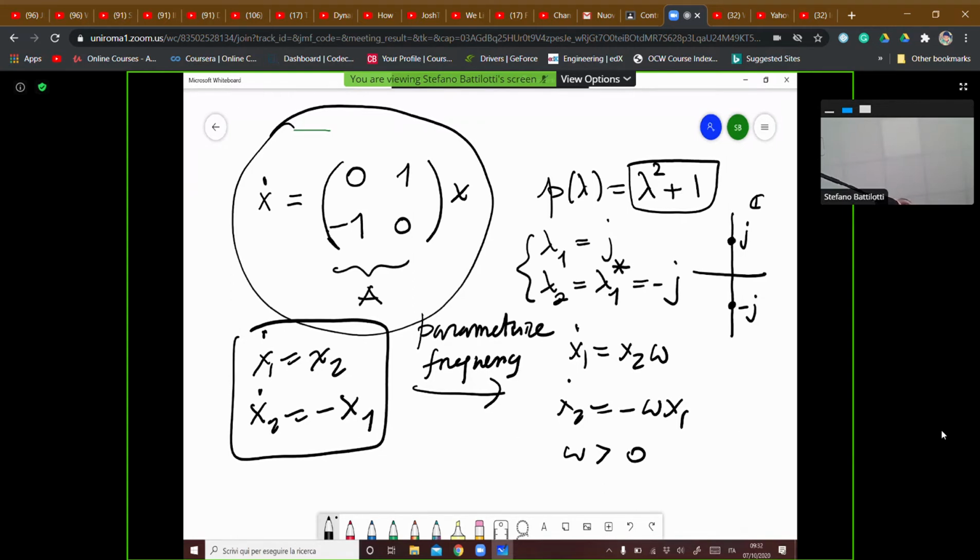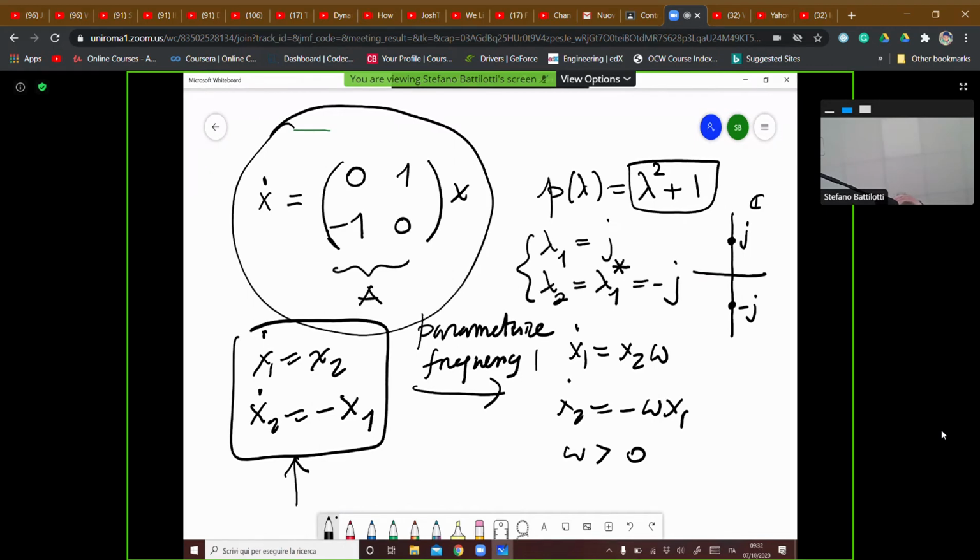So instead, in here we are taking omega equal to 1, and here we are taking omega positive, any number. So omega is exactly the frequency of oscillations. So you can modulate the frequency of oscillation just by changing the model in this way.